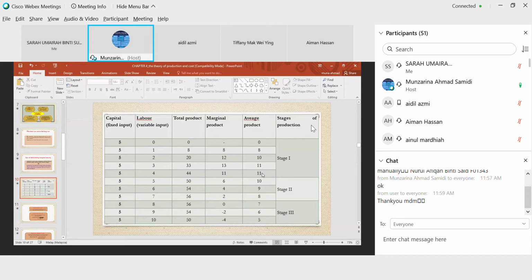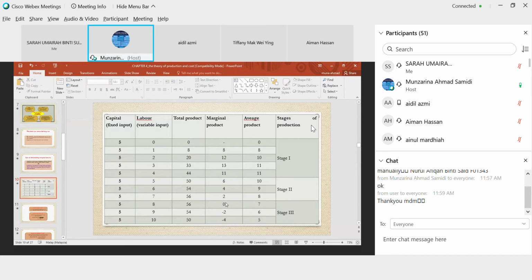Marginal product equals average product is the end of what we call stage 1. Stage 2 begins from the end of stage 1 until where marginal product is 0.